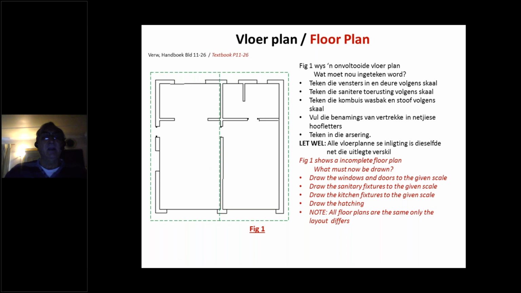Dis van die vereistes van die SANS, dat elke tekening in hoofletters geskryf moet word. So onthou, daar word selfs in eksamen punte afgetrek as nie hoofletters gebruik word nie. Then you have to put in the kitchen features to a given scale, drawing the hatching of the wall.